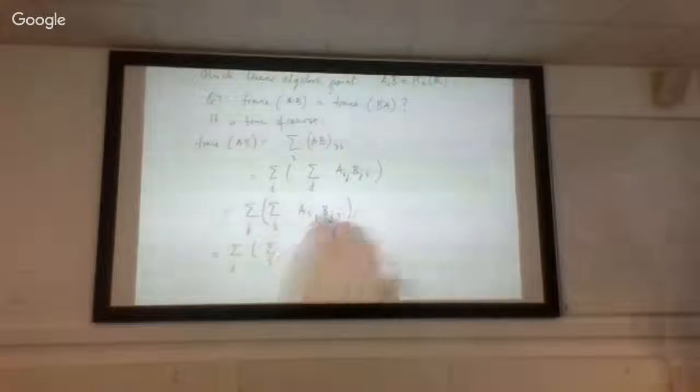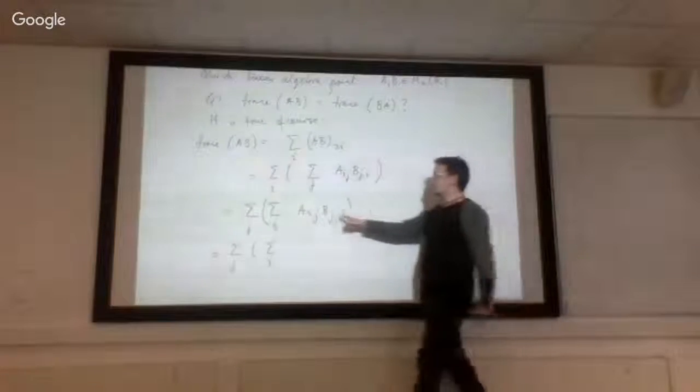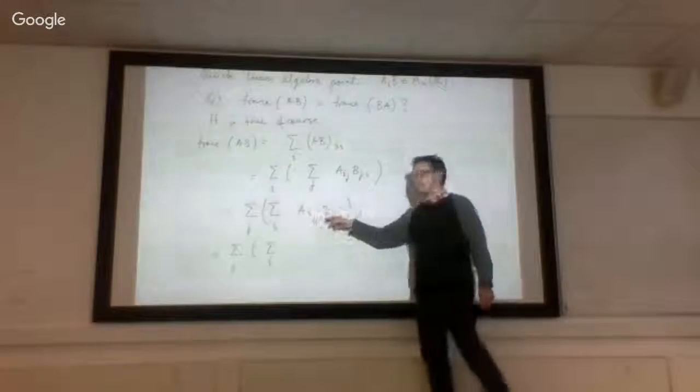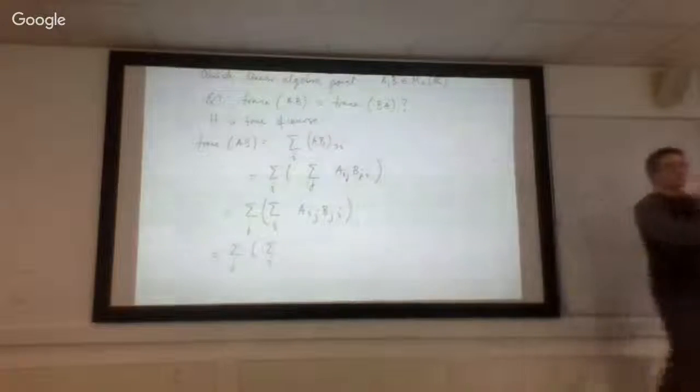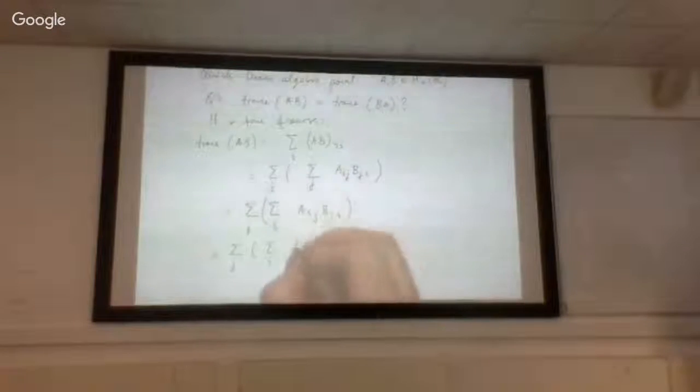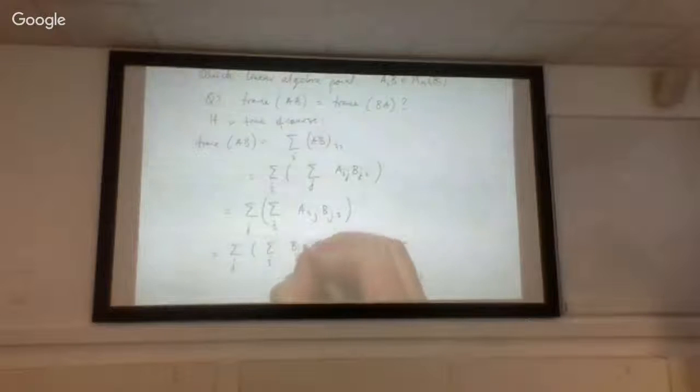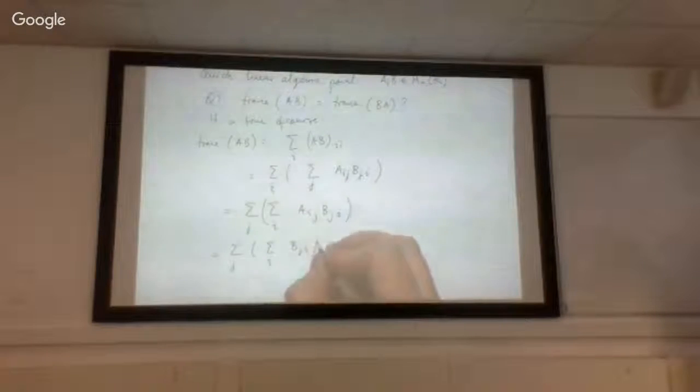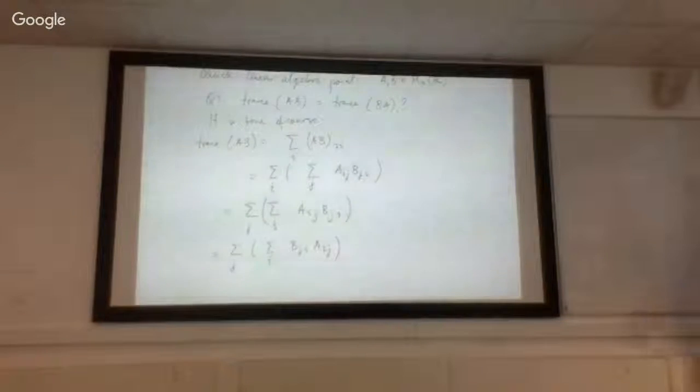When you focus on one of these products, it's just a product of two real numbers, a_ij times b_ji, so we can change the order without any difficulty, because multiplication of real numbers is commutative.